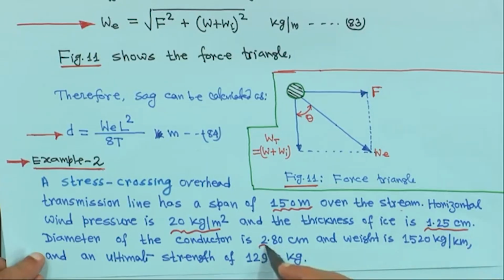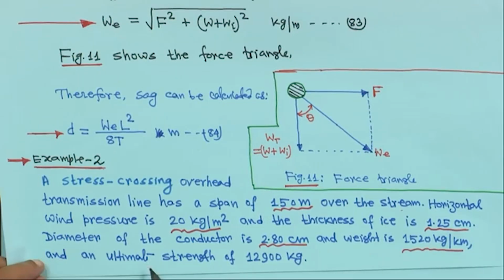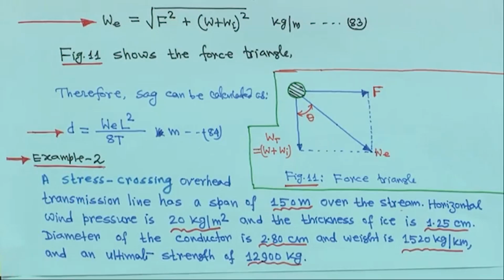The diameter of the conductor is 2.80 centimeter, weight is 1520 kg per kilometer, and ultimate strength is 12,900 kg. These are the things given.